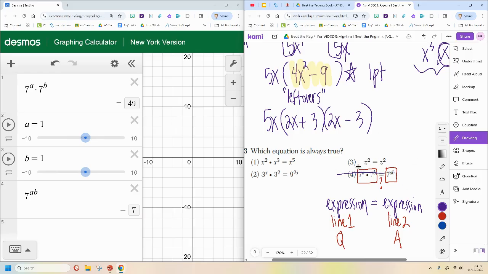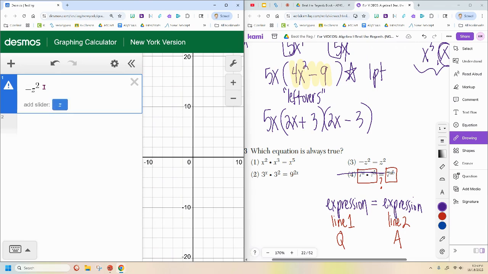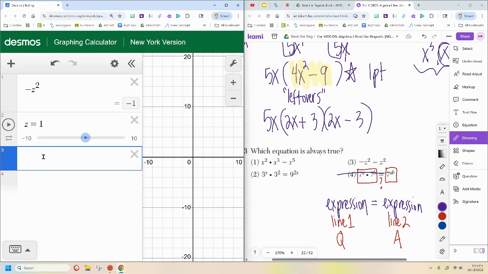So now let's go ahead and try choice 3. Choice 3, and I don't need A's and B's. I'm just going to get rid of all that. Okay, so now I have negative Z^2, and I will say, yes, please add a slider. And I go down to line 3, and I put Z squared.